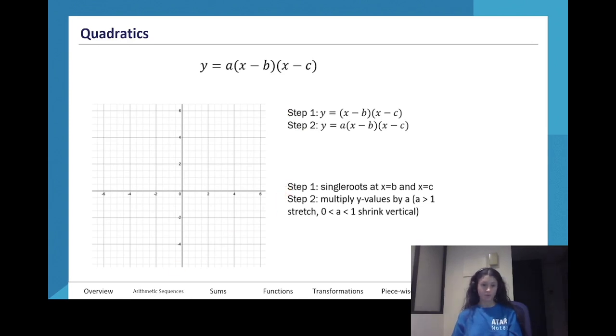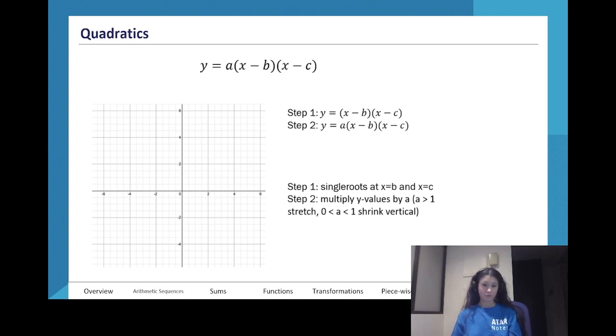That is because if we let 0 equal (x - b)(x - c), using our null factor theorem from previous slides, we would need to let x equal b and c. If you are a little bit rusty on the null factor theorem, that's okay. We're going to get to it when we get into factorization in the next slide.